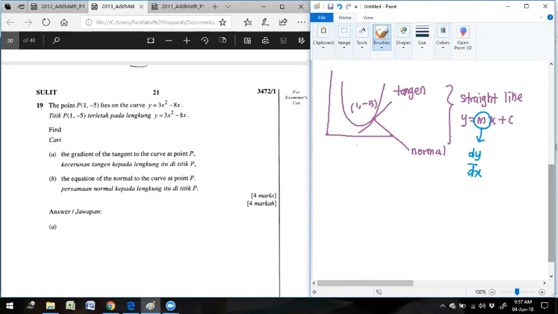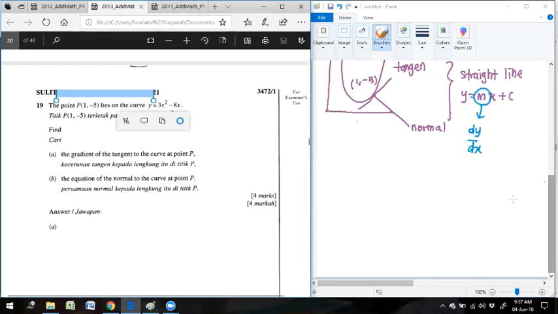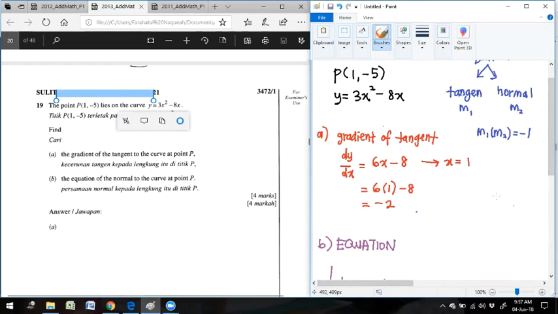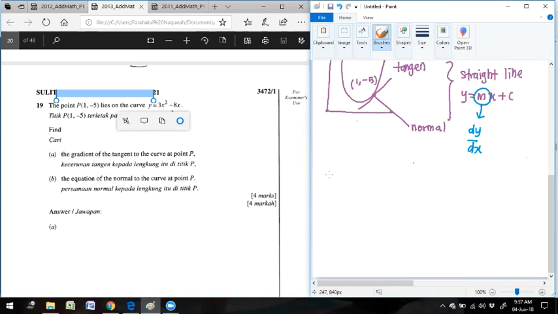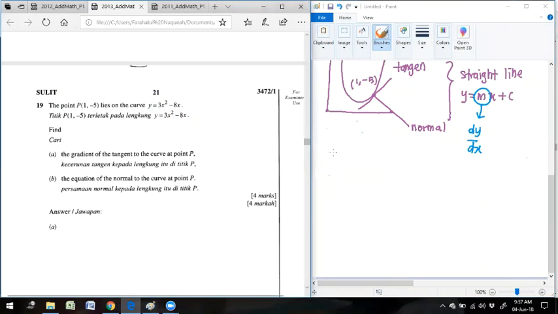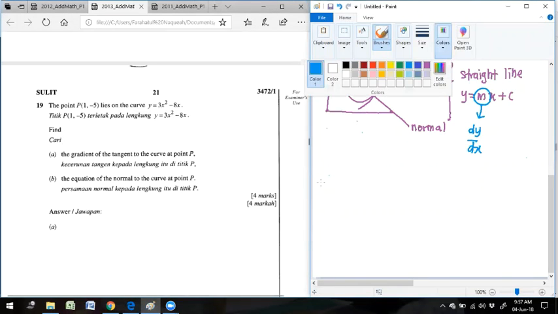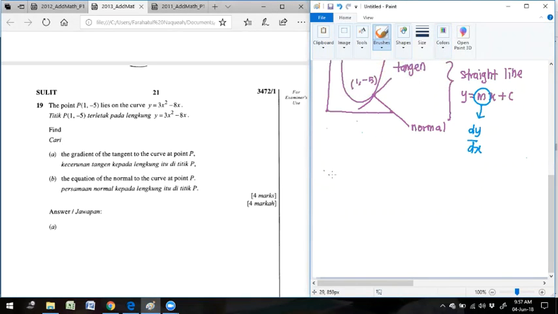So now, it was given earlier: for the tangent, m is equal to -2.